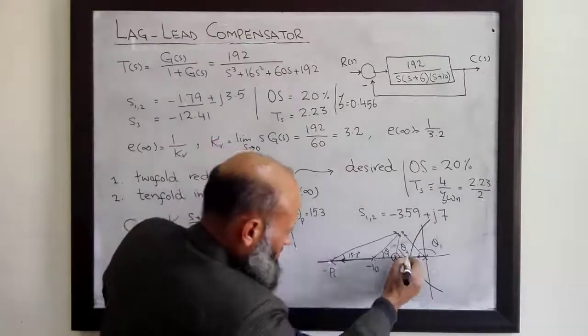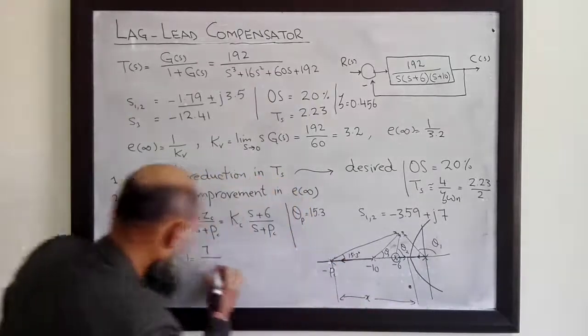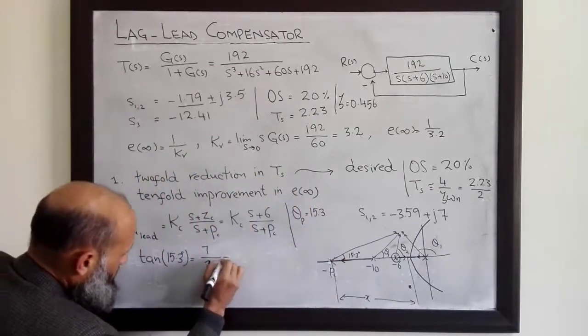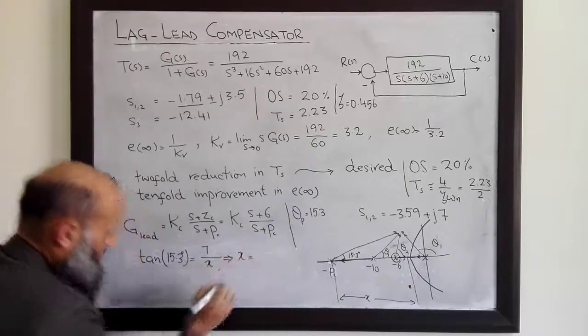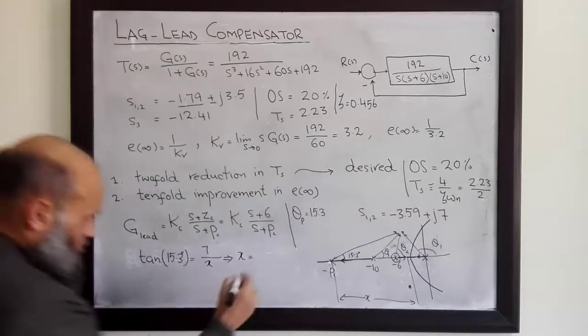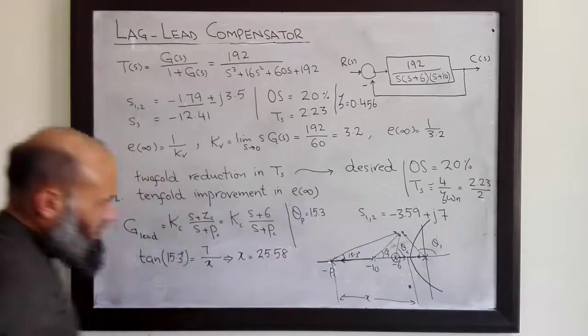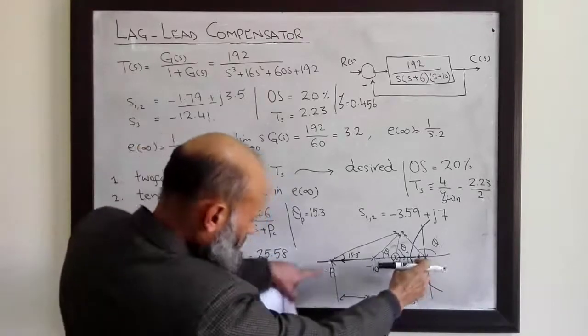This length, let's call it x. From here x comes out to be equal to 25.58. Then what is the location of the pole?